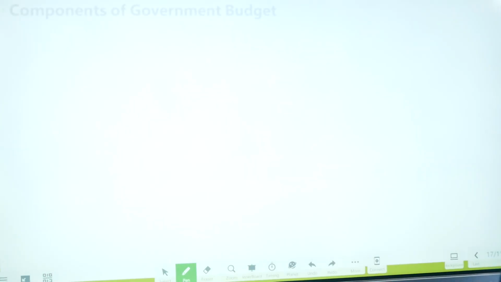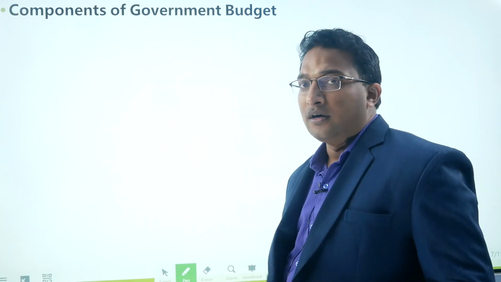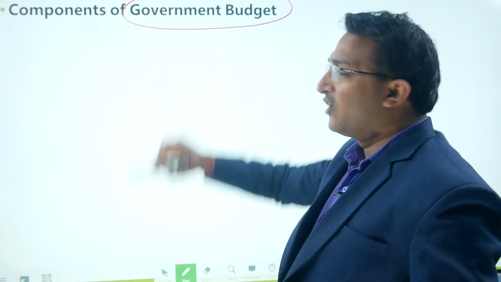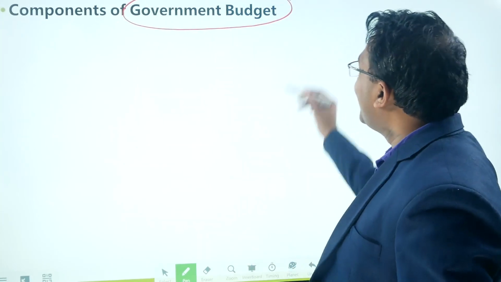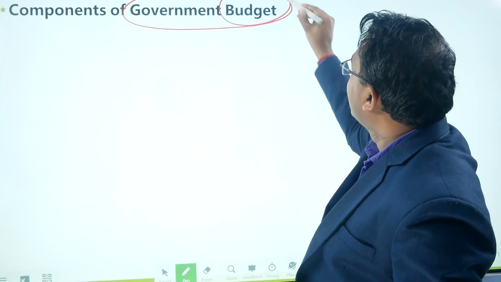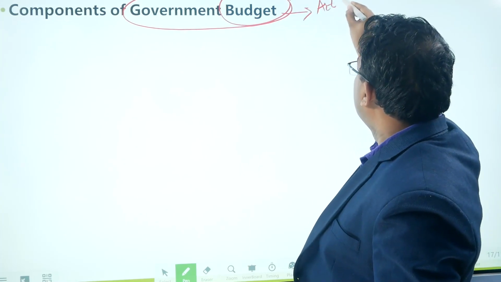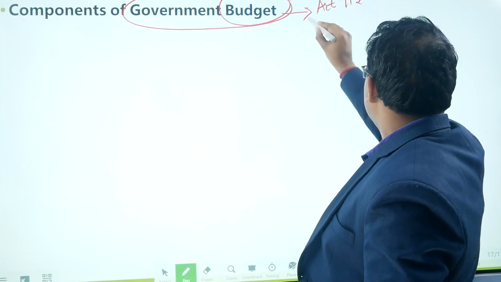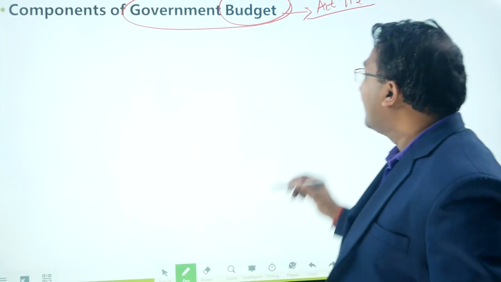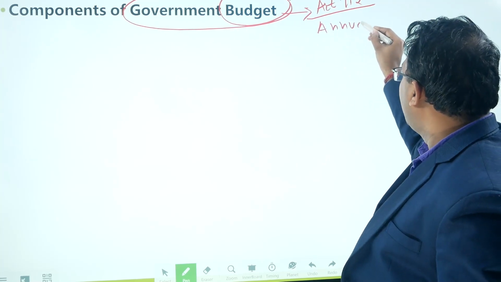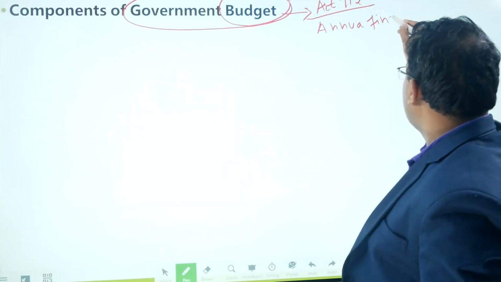To start with, first we need to understand the meaning of government budget. If we see the Constitution of India, there is Article 112. This Article 112 talks about the annual financial statement.